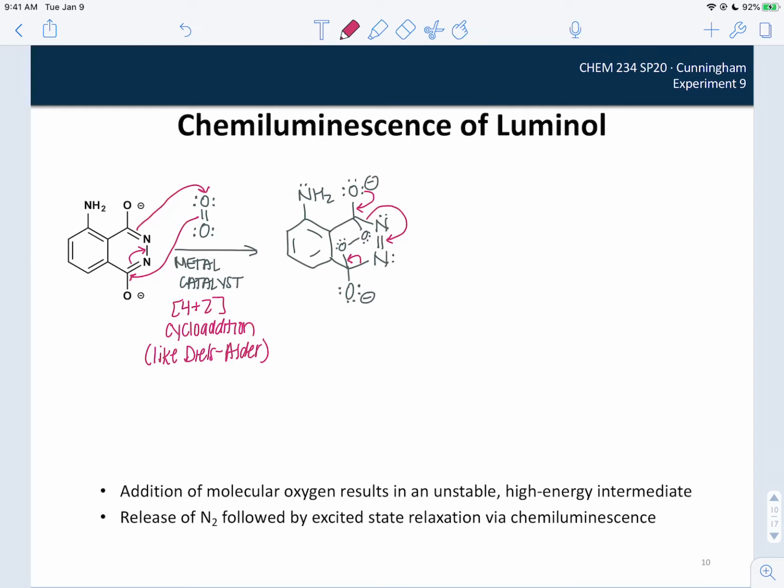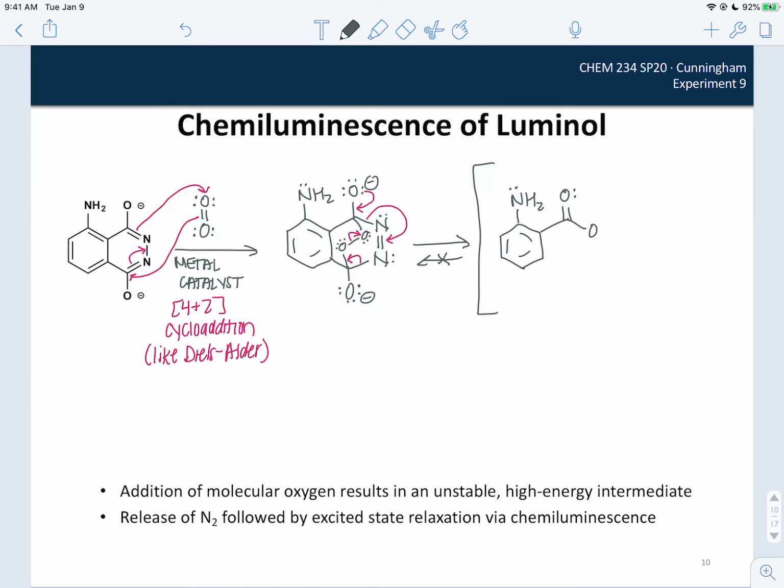And then finally, what we were after from the beginning was to get that oxygen-oxygen bond to break. And so this step here is going to be essentially irreversible. And it's irreversible because we are generating N2 gas. So we're generating that nitrogen gas. And once that gas is generated, it will bubble out of solution.